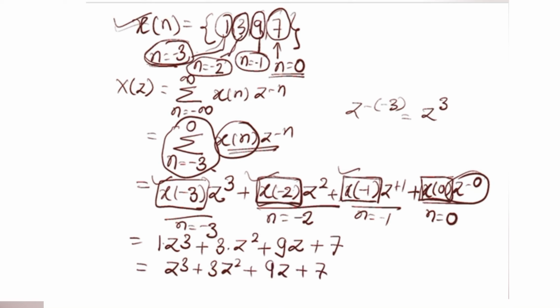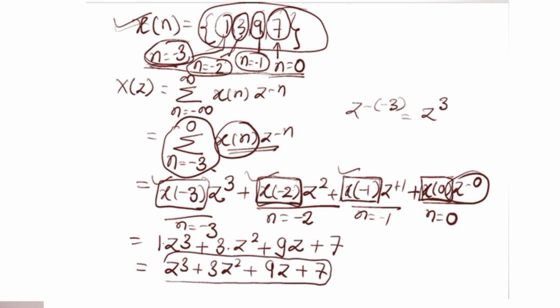Now we can see when our signal is at the negative side of index, then we are getting all positive powers of z in X(z). All the positive powers are there.